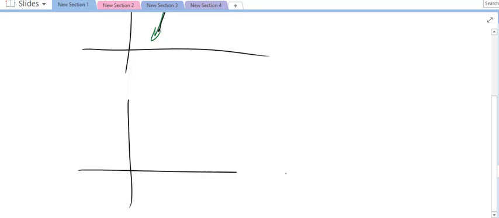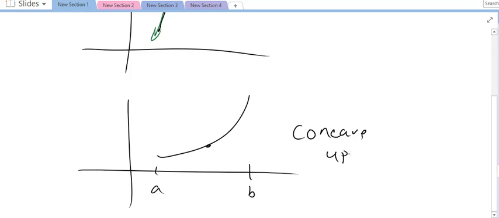And if we were doing concave up, it's going to be the opposite. So from A to B here, these would be examples of being concave up. I'll probably just say up or down and not use upward and downward.